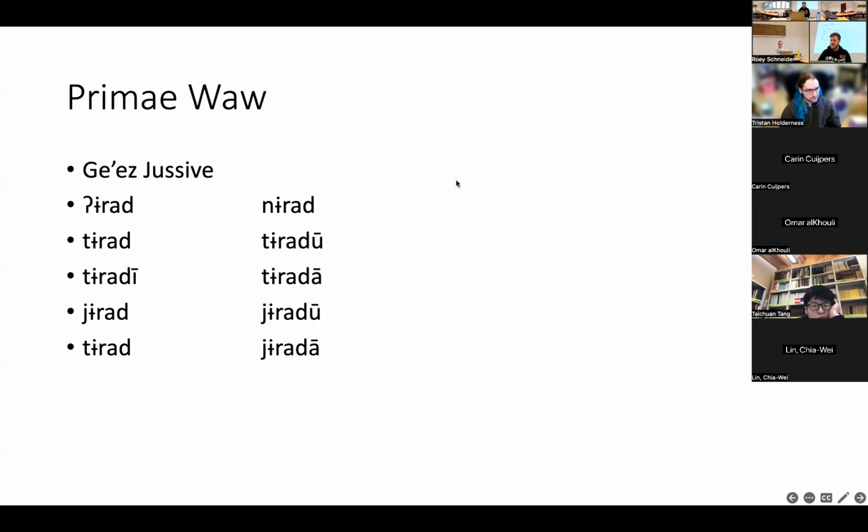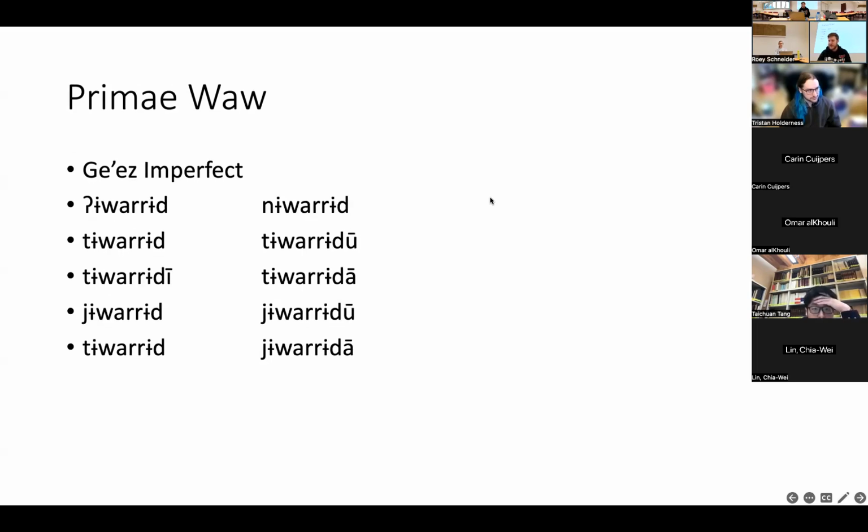May you go down, may I go down, or something like that. While the imperfect is just completely regular, tuwarrid, with no A. Is this clear? Any question? Any remark? Any attempt to understand? Insight? Nothing.